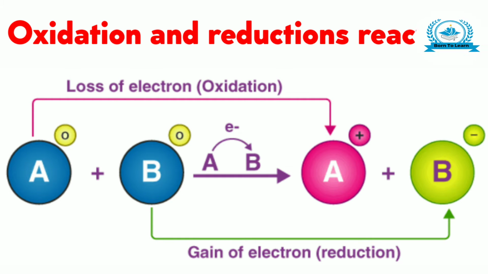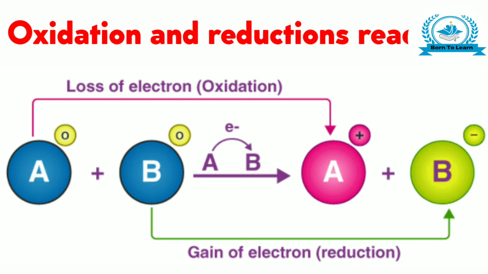The removal of hydrogen from a substance is also called oxidation. Reduction: 1. The addition of hydrogen to a substance is called reduction. 2. The removal of oxygen from a substance is also called reduction. It is obvious from the above definitions that the process of reduction is just the opposite of oxidation. Moreover, oxidation and reduction occur together.